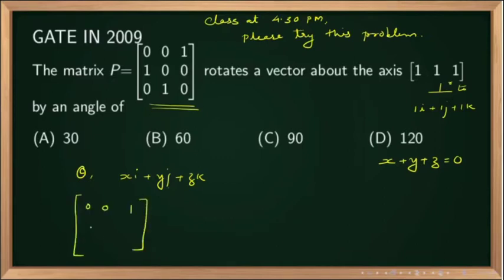0, 0, 1, 1, 0, 0, 0, 1, 0. 1 second, please hold on. Please wait. One person did not get our invite who has joined today, so I'll just add him and we'll continue.